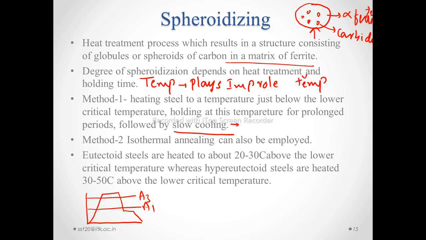Eutectoid steels are heated about 20 to 30 degrees Celsius above the lower critical temperature, whereas hypereutectoid steels are heated 20 to 30 degrees Celsius above the lower critical temperature.